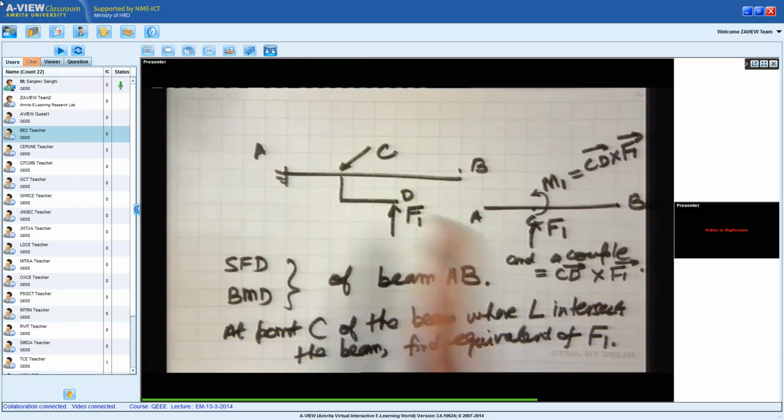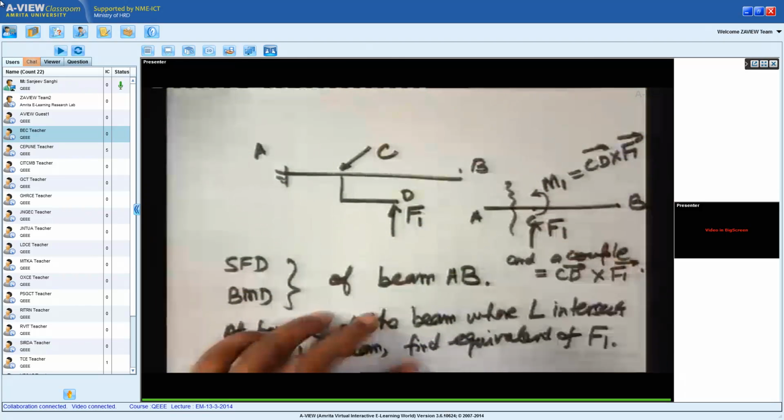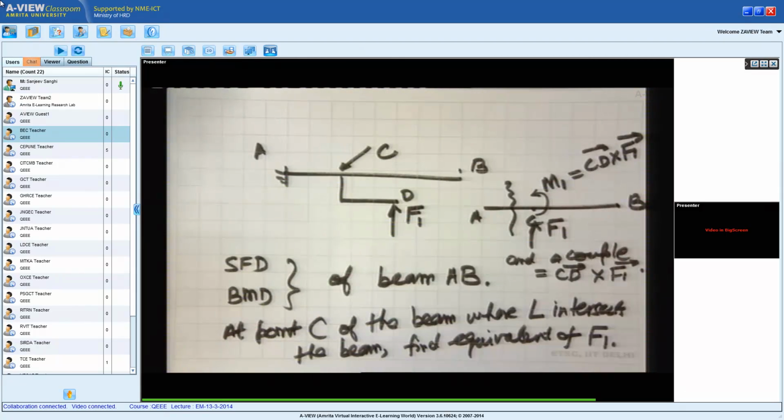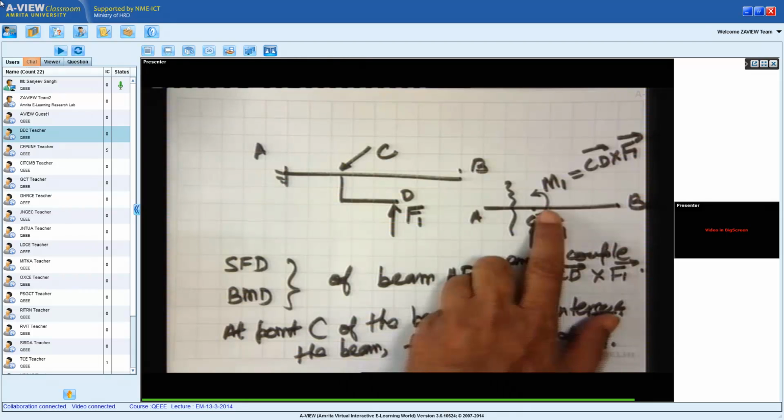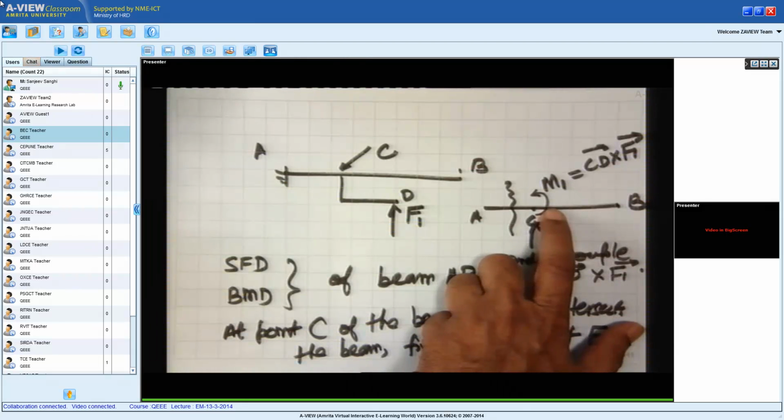So now when I draw the shear force and bending moment diagram of AB, and if I cut a section before point C, I will not get the effect of M1 in the shear force diagram directly.